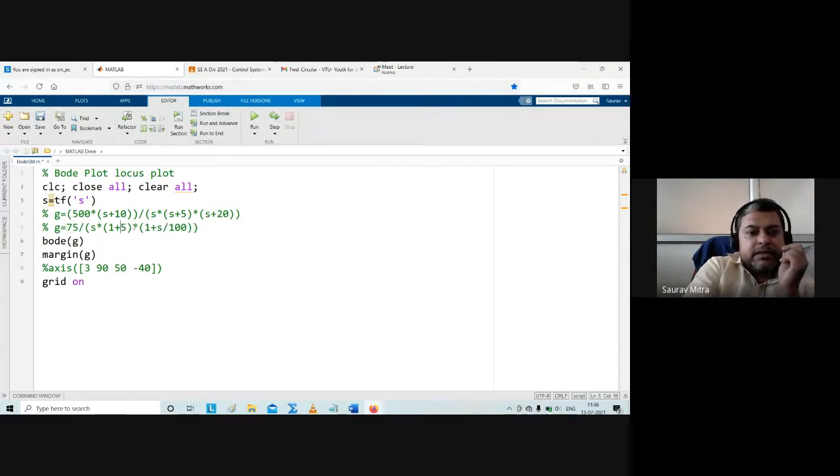So this is s plus 5, and then s into s square plus 3.2 s plus 64. So this was our system, and we were finding the second order Bode plot.